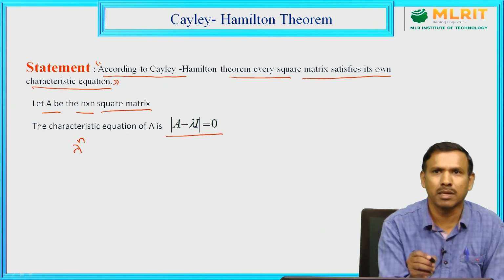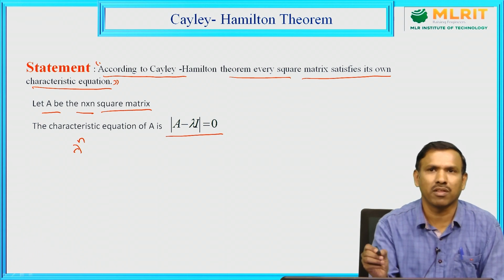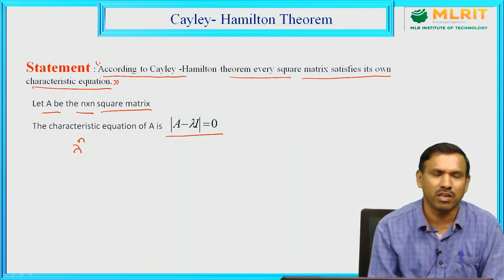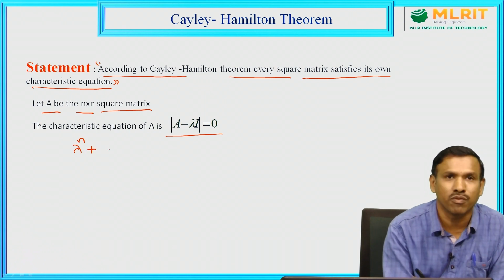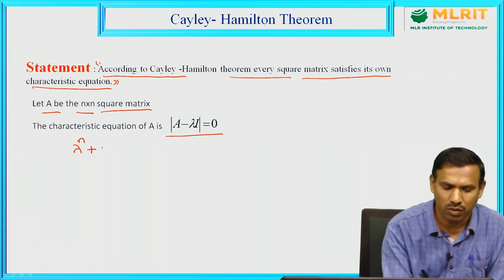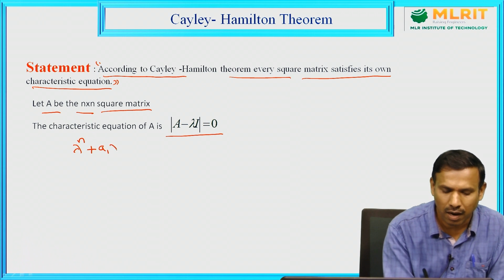Then the powers will be decreasing: lambda power n minus 1, lambda power n minus 2, lambda power n minus 3, and so on. The coefficients depend on the matrix values, which I am writing as a1, a2, and so on.